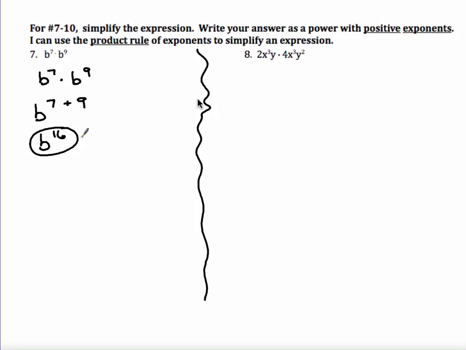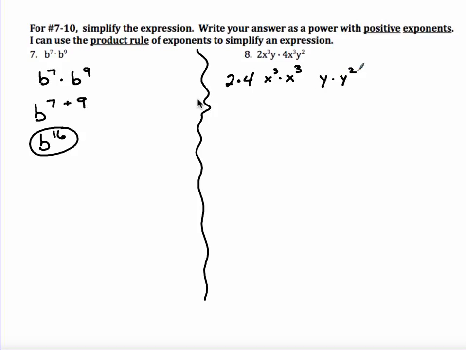Now, the same thing applies for number 8, even though I've got some numbers, then I've got some x's, then I've got some y's. Remember that we want to keep our like pieces together. So I can take 2 times 4, because remember, this whole entire thing right here is one really large multiplication problem. So I've got 2 times 4. I've got x to the 3rd times x to the 3rd. And then I've got y times y squared.